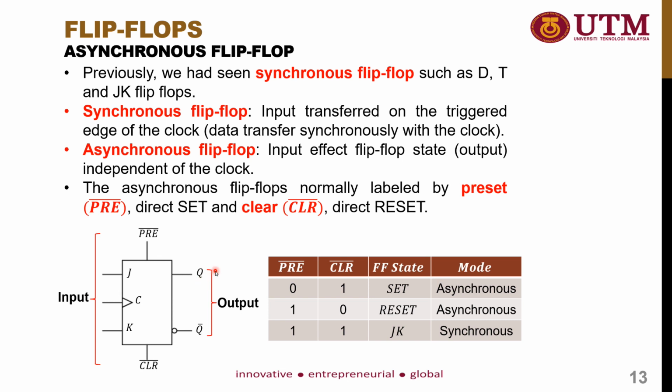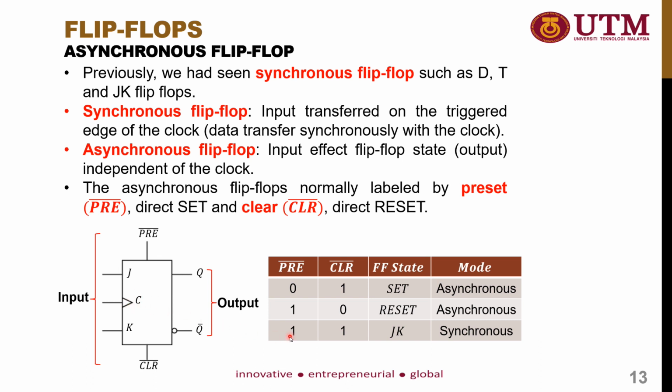It doesn't matter what the clock condition is. Next, when PRE bar is set to 1 and CLR bar is set to 0, the flip-flop will go into reset state. It is in asynchronous mode because it will automatically make the output Q become 0. It doesn't matter what the condition of the clock input is.